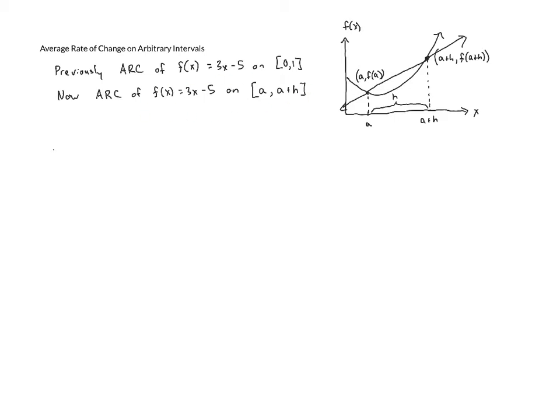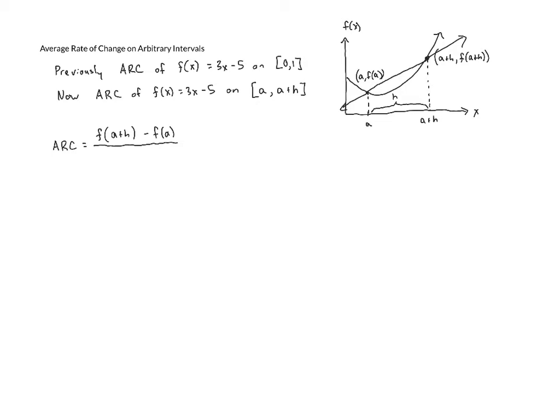So the average rate of change is going to be the difference in the function values. So it's going to be f of a plus h minus f of a over the difference in the x values.